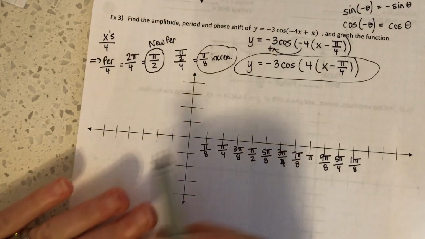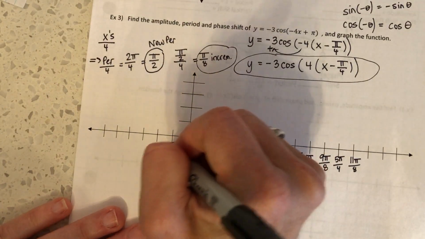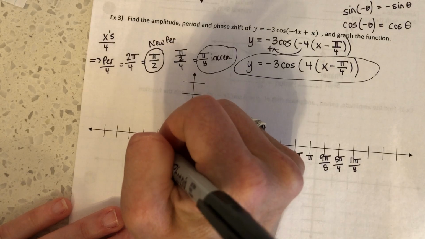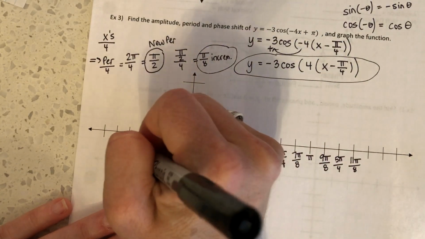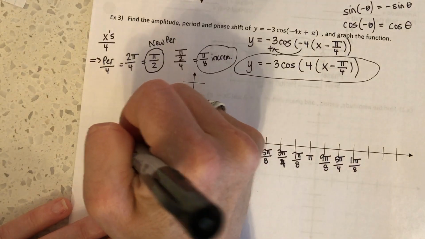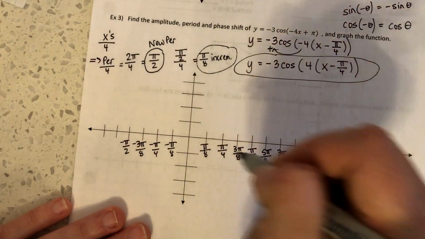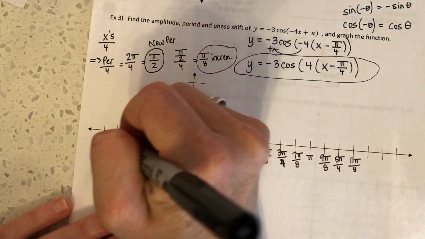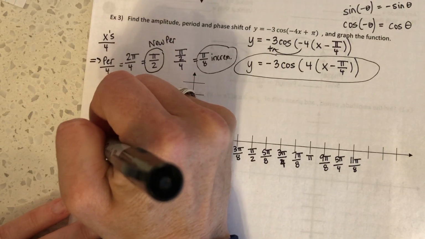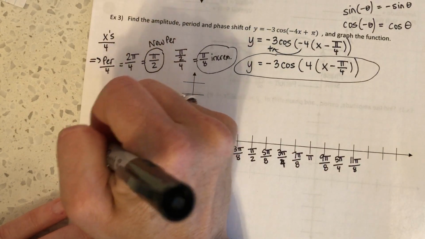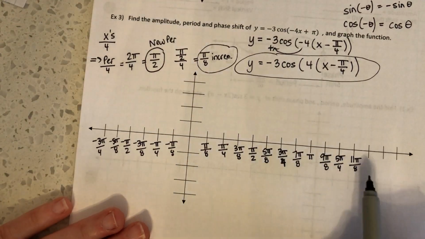And then you can count it backwards in the negative direction. Negative 1 pi over 8, negative pi over 4, negative 3 pi over 8, negative pi over 2, negative 5 pi over 8, and then negative 6 pi over 8 reduces. And now your x-axis should be ready to go.